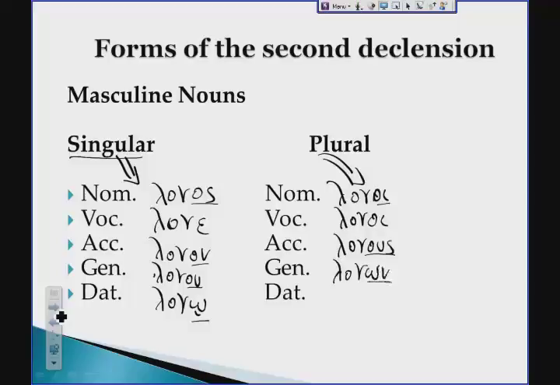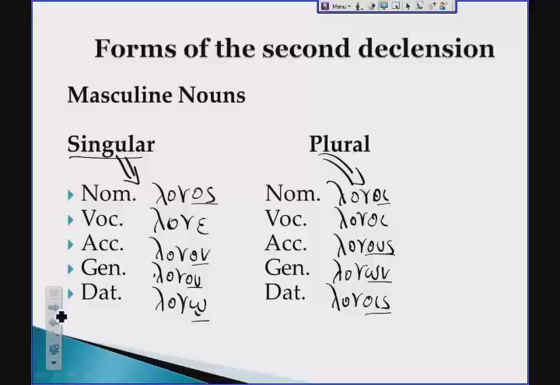Even the feminine nouns always have this on ending in the genitive plural, okay? And then ois, dative and the accusative, the words, but then it's plural now. So this is how you decline the noun logos.